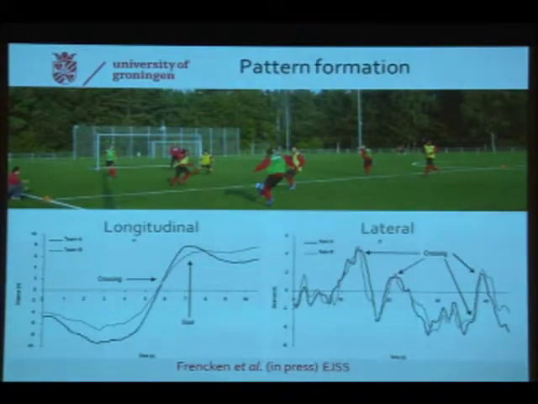And prior to the goal being scored, they actually overtake the defending team, because they seem to move more quickly towards the opponent's goal in comparison with the defending team. So goals and goal scoring opportunities tend to have a specific pattern. Earlier this morning I presented some research that we did following up on this data, and I won't go into that now, but I'm happy to explain afterwards.